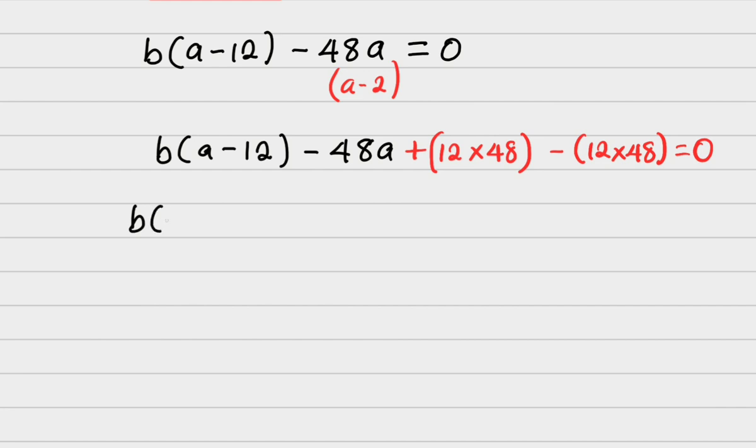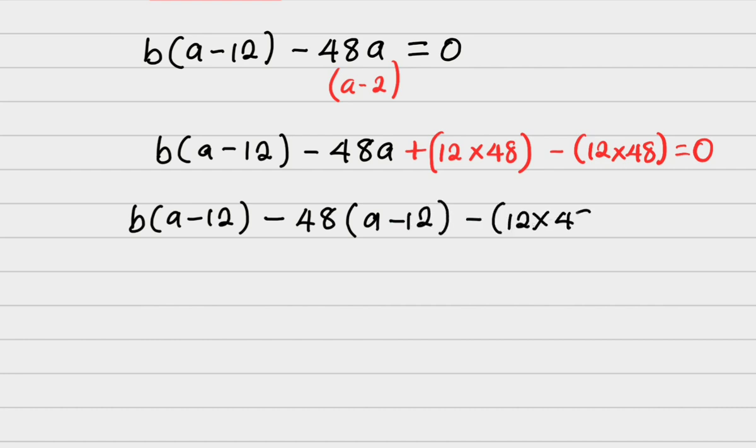So that I have B into A minus 12. Then I'll factorize minus 48 outside. If I factorize minus 48 outside, I'm going to have A minus 12. Then minus 12 times 48 is equal to 0.